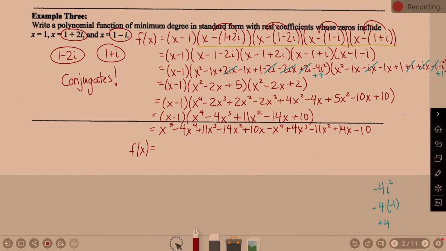So I have an x to the 5th, minus 4x to the 4th minus x to the 4th.